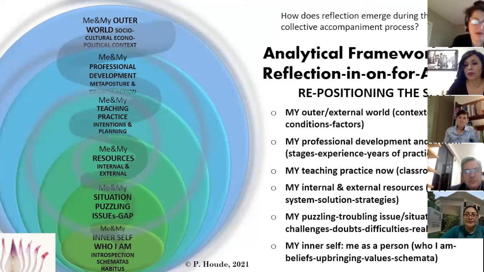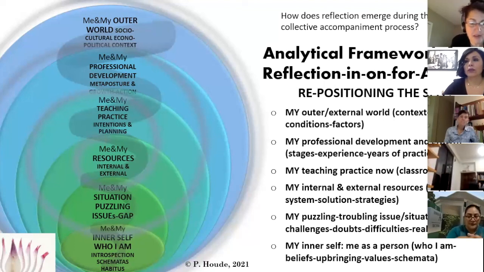There's something out of balance, right? And then it all comes down to my inner self. This is also something that is part of who I am as a teacher, the belief system that I have, my upbringing, my values, my schemata, who I am as a person will also influence how I do reflection on my practice.